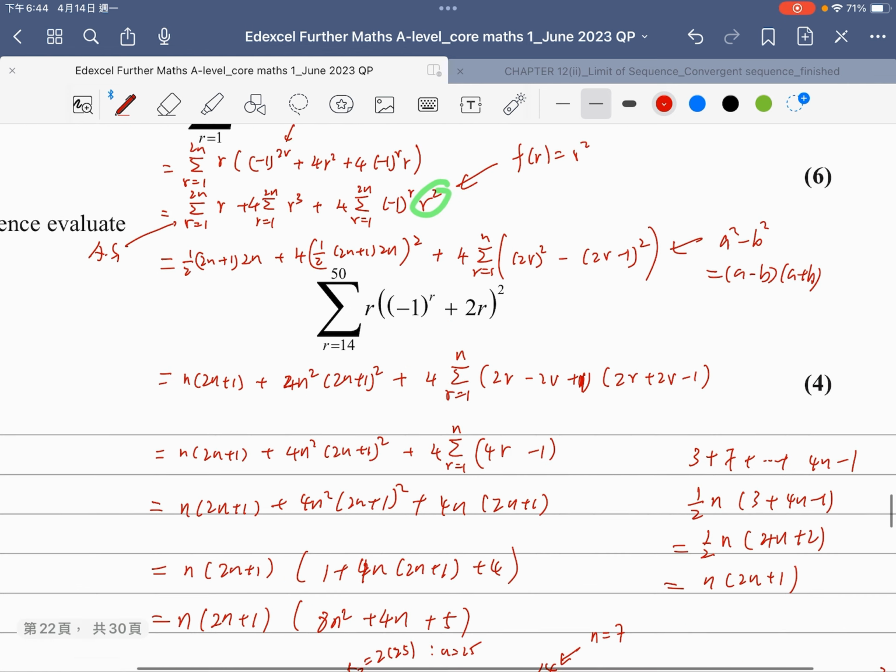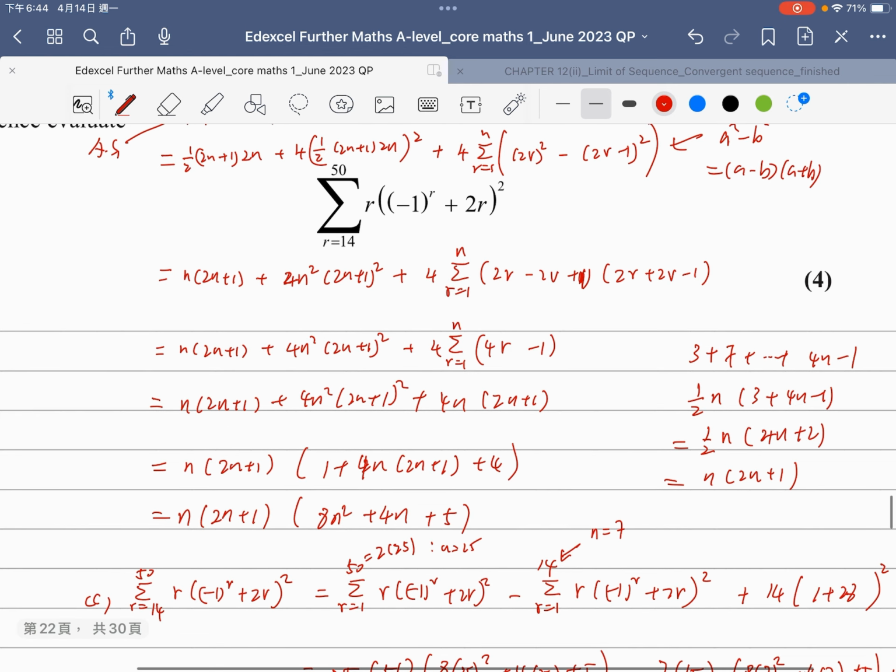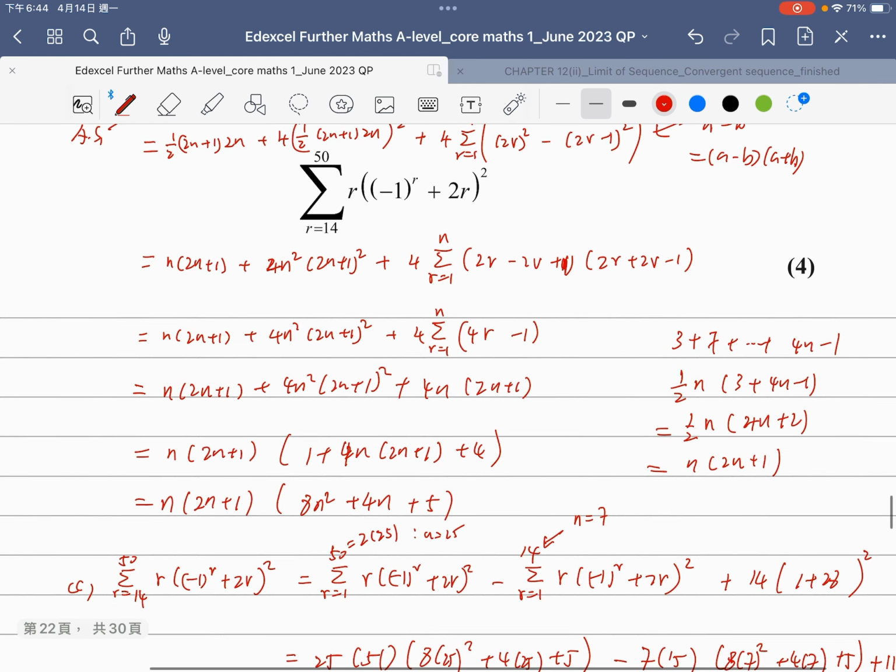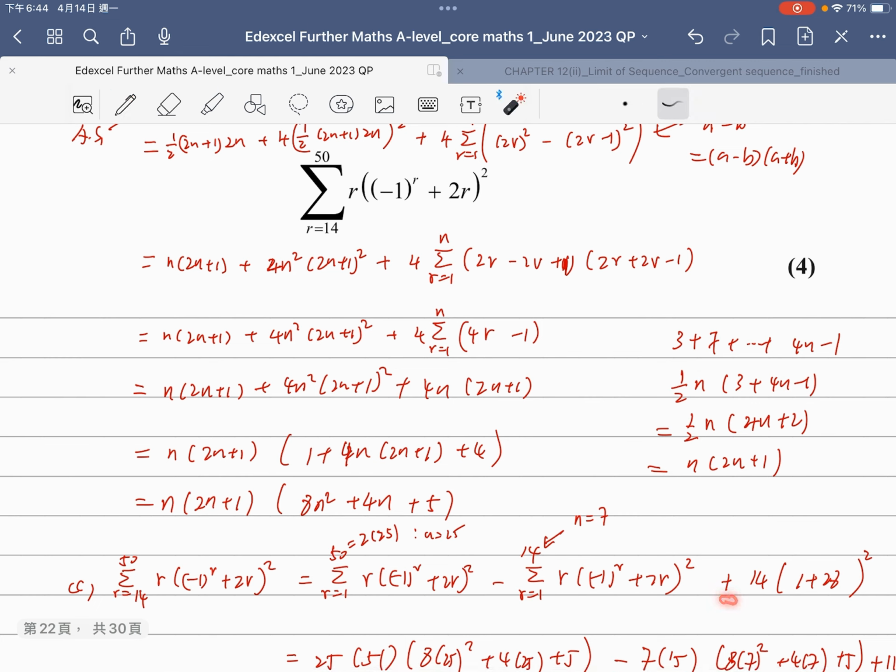Therefore here I have to add one more term, the 14th term. That is 14 times (-1) to the power 14, plus 28 to the power 2.